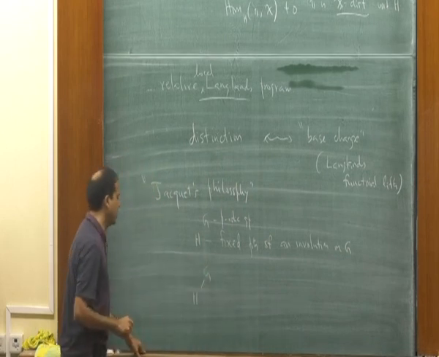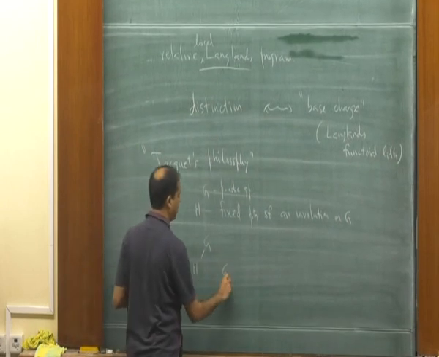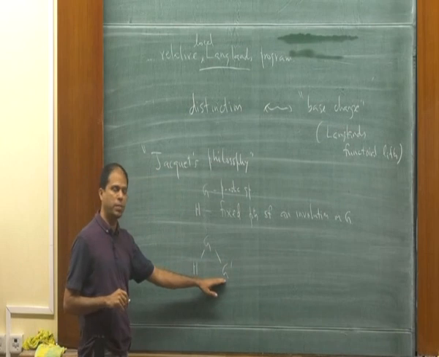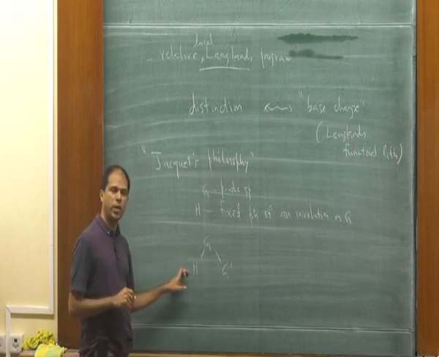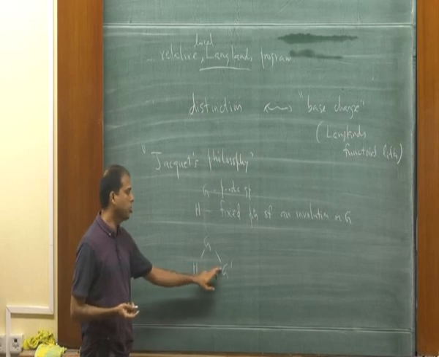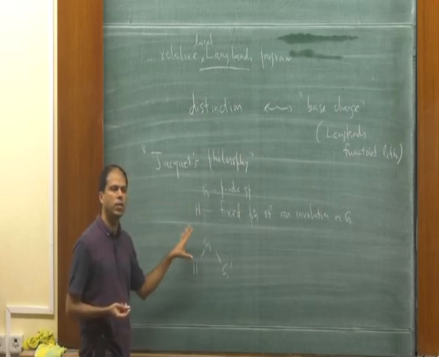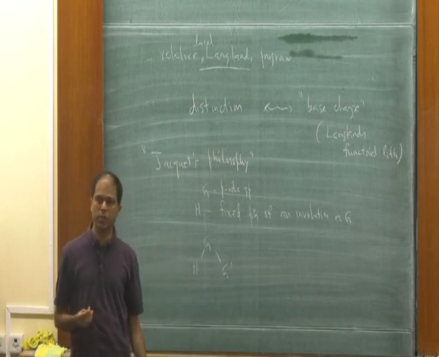It is predicted that there will be a related group G prime, so that distinction with respect to H is characterized by base change from G prime to G. This is the general philosophy, and that's why this topic is of much interest.